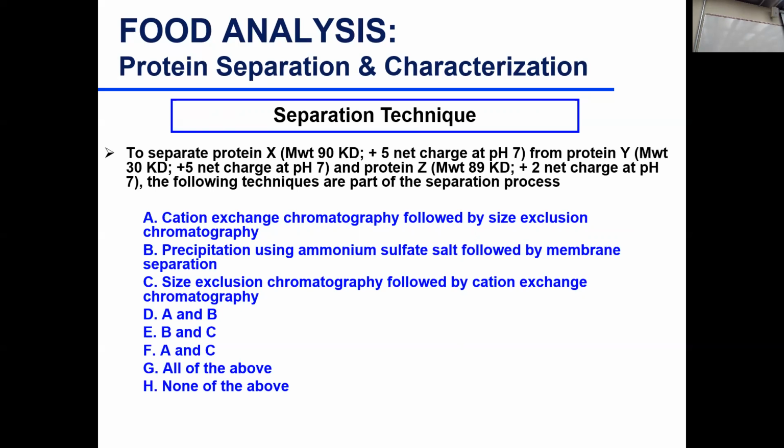And you want to separate it from protein Y that has a molecular weight of 30 kilodalton, same net charge at the same pH, and a third protein Z that has a molecular weight similar to X, but has a +2 net charge at, again, pH 7. Which of the following do you think would work best?